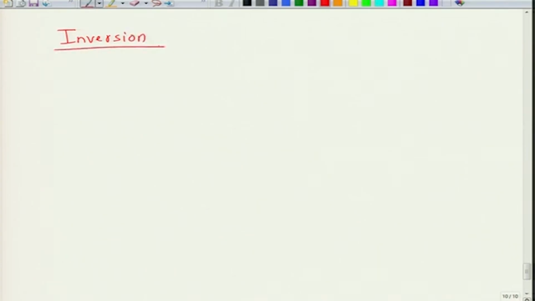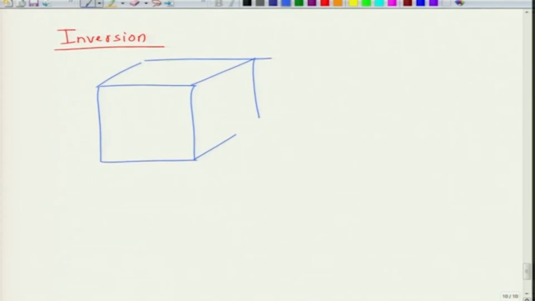So inversion basically is in 3 dimensions. Let us say you have a body like this. Obviously this 3D object will have translation symmetry elements, reflection symmetry elements, and rotation symmetry elements, but in addition it will also have inversion.